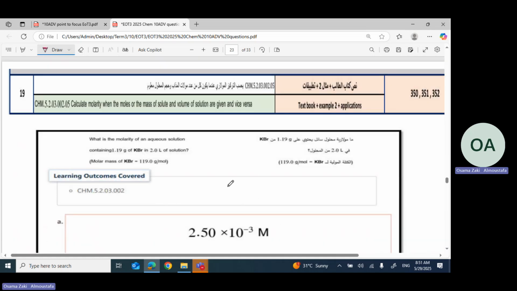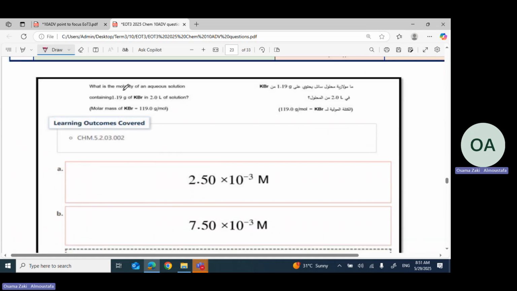Okay, question number 13. What's the molarity? Molarity is moles of solute over liters of solution. Here they say the molarity of aqueous solution containing this substance. This substance is the solute, because it's dissolved in water to get the solution. So this is the mass, and this is the volume, in liter.